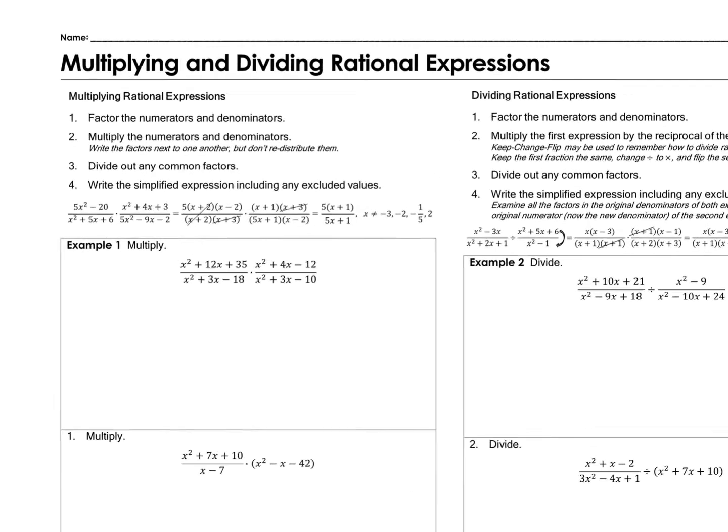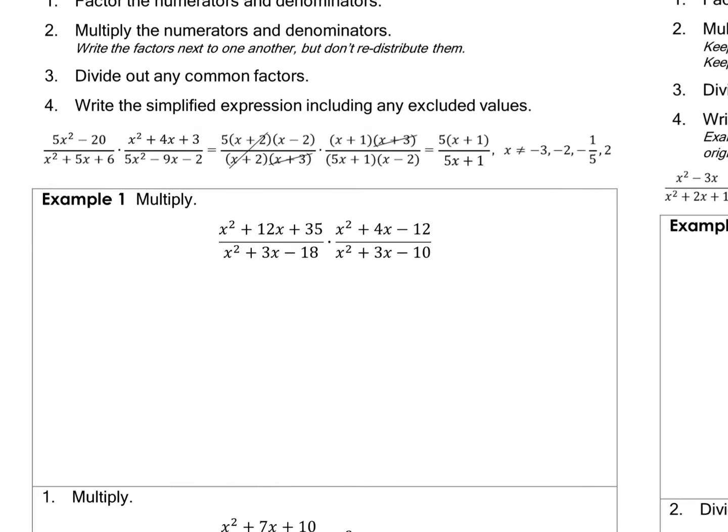All right, so this first example, we're going to start out with factoring every numerator and every denominator. Notice this first numerator is a trinomial, so sum is 12, product is 35. So that would be 7 and 5.